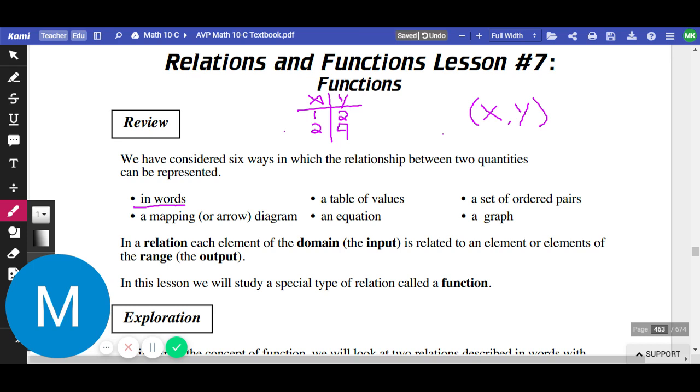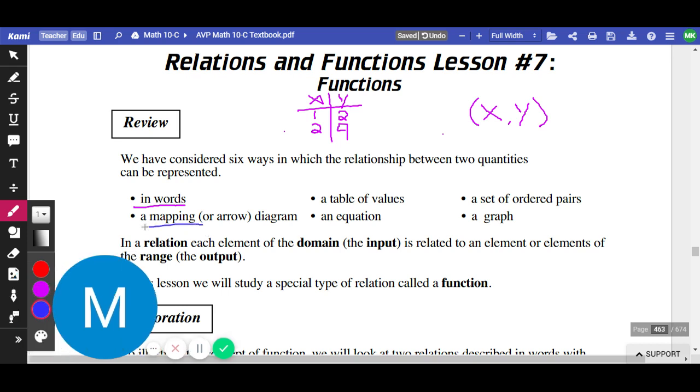The next way we connected things was with mapping diagrams. And mapping diagrams were a little tricky because we don't use them very often. A mapping diagram is where you have two bubbles. You have 1, 2, and then 3, 4. And you had arrows coming out of one bubble and into the other.